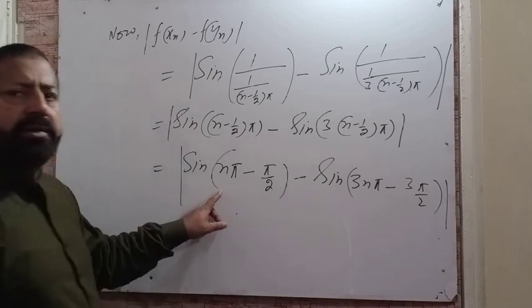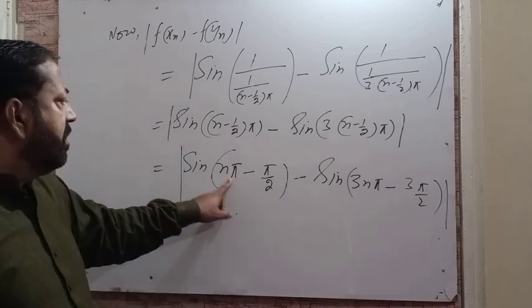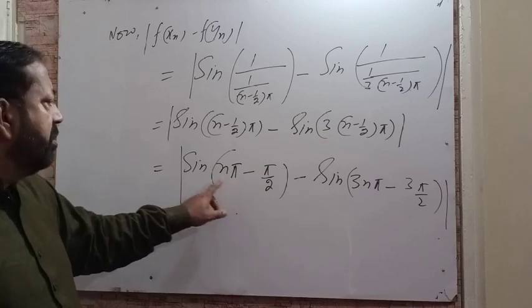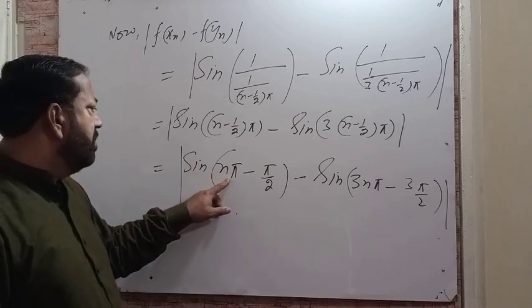Now you can apply the simple formula of sin(alpha minus beta), which is sin alpha cos beta minus cos alpha sin beta.